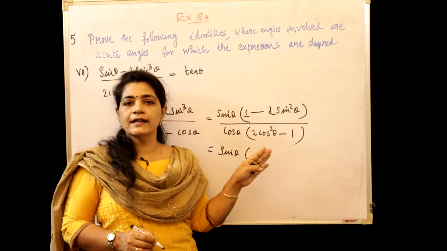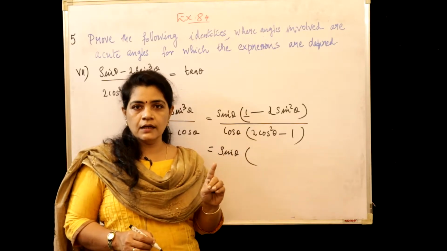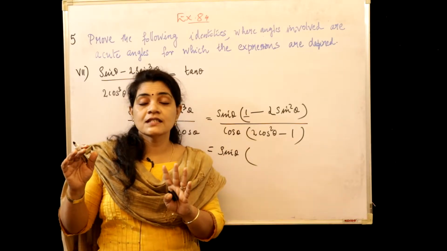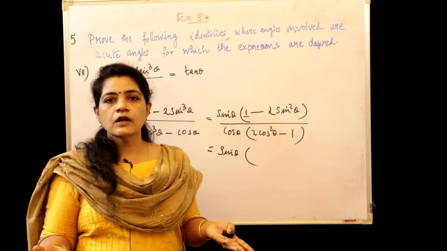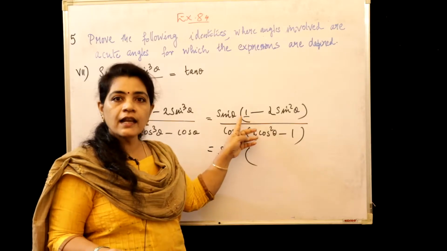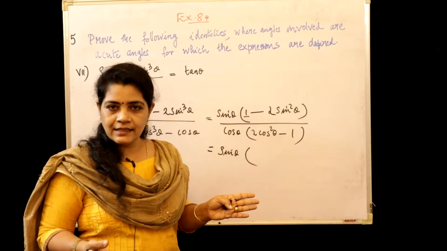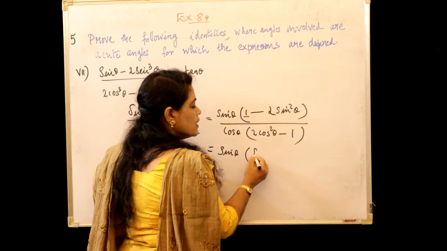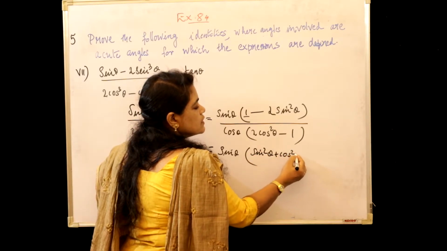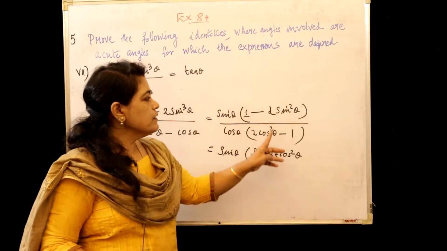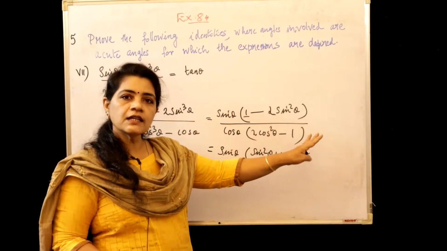So I am going to substitute that 1 with the first identity, because sin square theta plus cos square theta is 1. So instead of 1, I am going to write an equivalent expression from the identity, that is sin square theta plus cos square theta. This is the first identity. And which is the second term? 2 sin square theta is there.